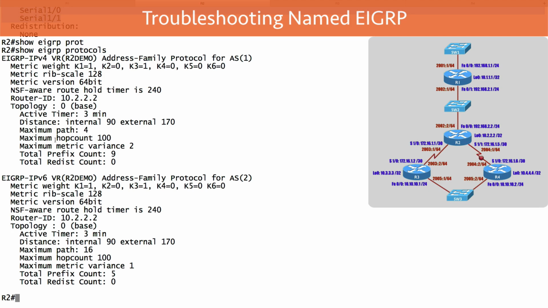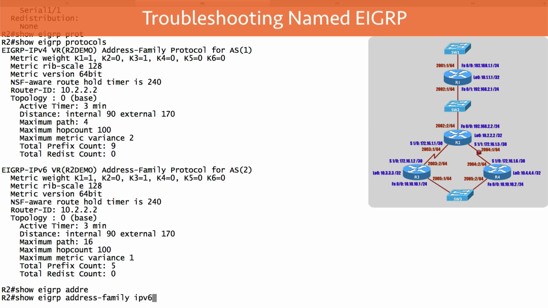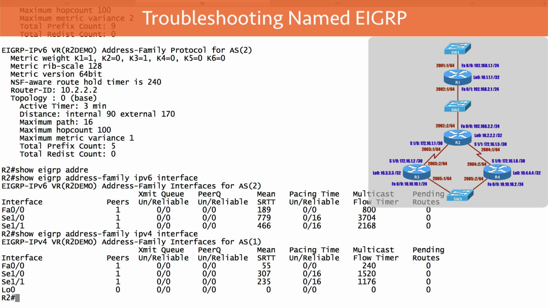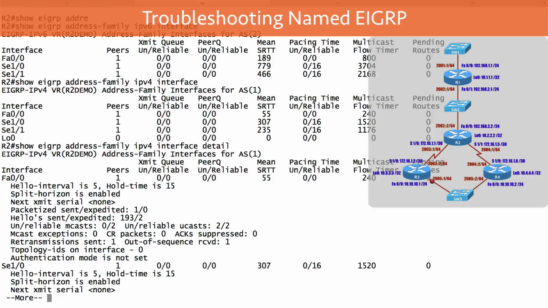However, there is a way for me to see what interfaces are participating in this IPv6 routing process. I could say show EIGRP address family IPv6 interfaces. And I can see what interfaces are participating in the IP version 4 process as well.